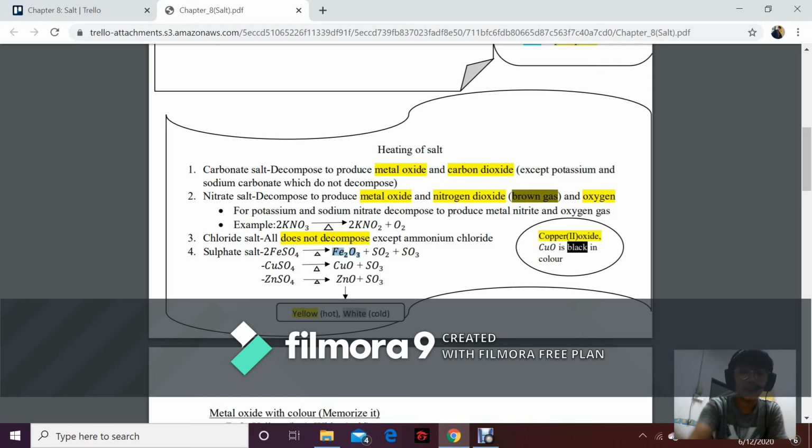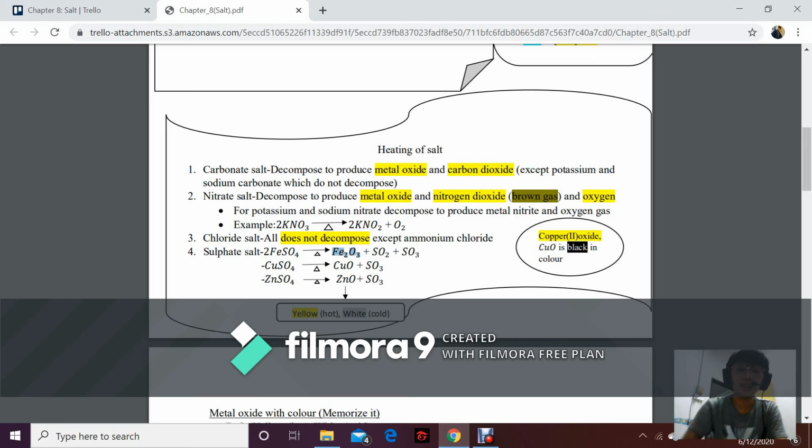The 2 negative will move to the Fe, so Fe2, because the 2 comes from the O 2 negative. The 3 plus of Fe will move to the O. So you will produce the iron 3 oxide, which is Fe2O3.